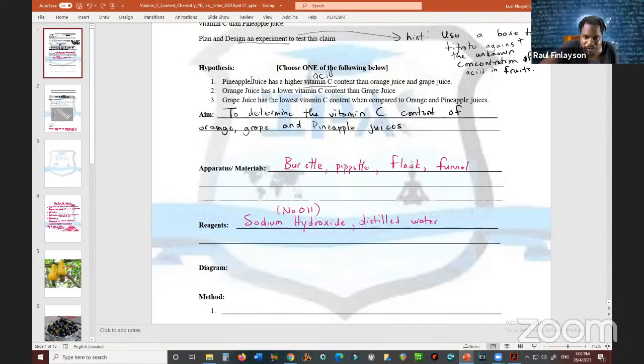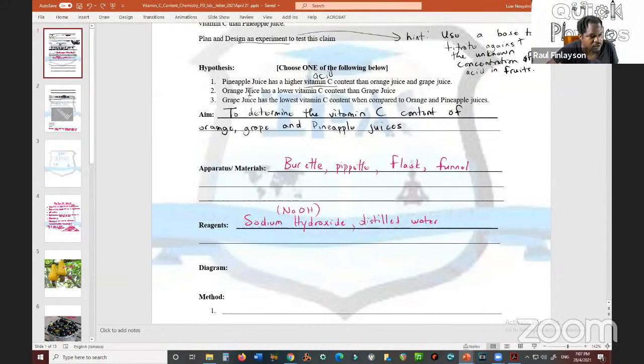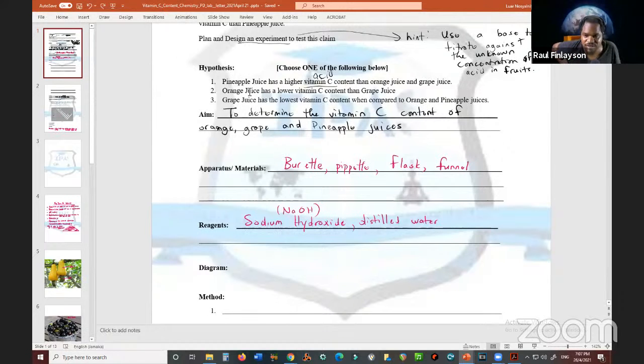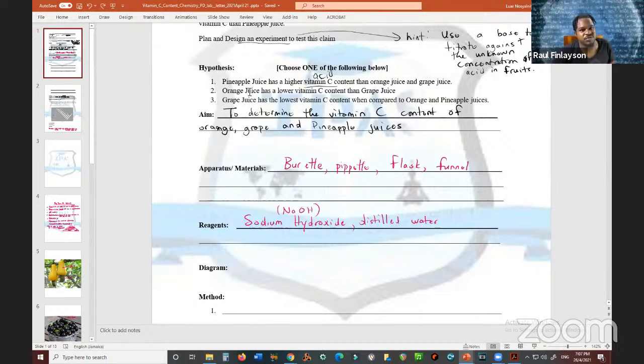We cannot use more pineapple juice than grape juice and say, well, then the pineapple juice has more vitamin C. No, it has to be the same. It's like if you want to test the fastest car, for example.